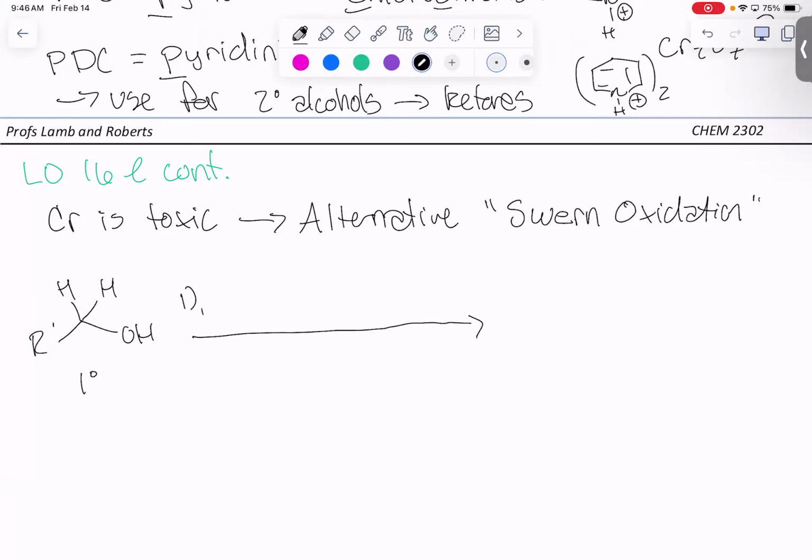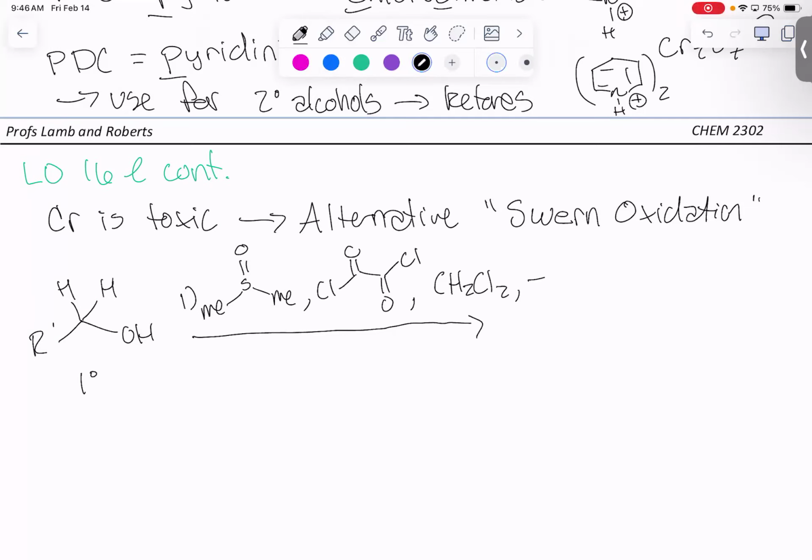All right, and our conditions, you see my arrow is getting really long. Are these reagents called DMSO. You don't need to know the names of these. That's dimethyl sulfoxide or DMSO. This is oxalyl chloride, which is Cl2C2O2. We specifically use dichloromethane or methylene chloride. Those are two names for the same thing as our solvent.